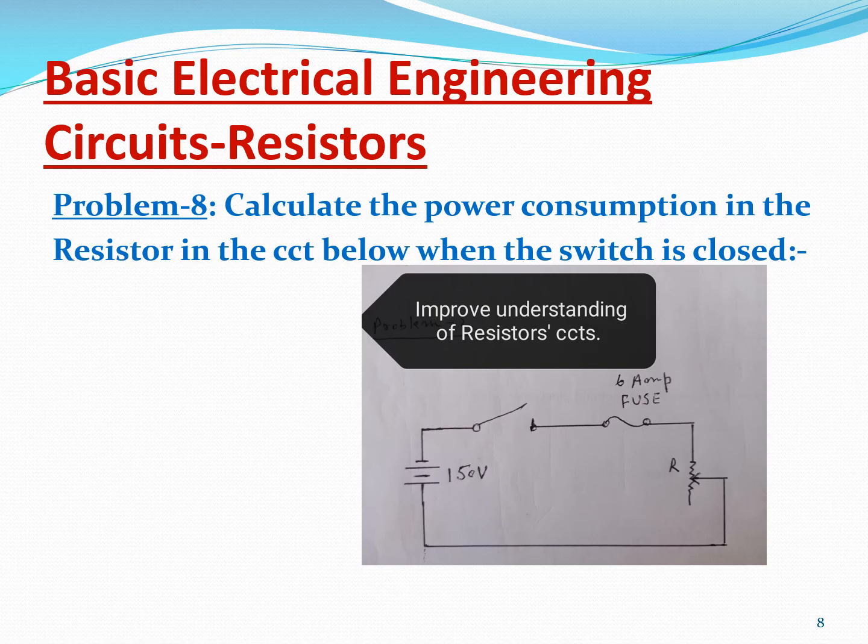So the power will be V squared over R, that is 803 watt, and the current is equal to V over R, that is 150 over 28, and that will be 5.36 amperes. Okay, so power consumption in this case will be 803 watt. Whether you use P is equal to V squared over R or V into I, the answer will be the same.